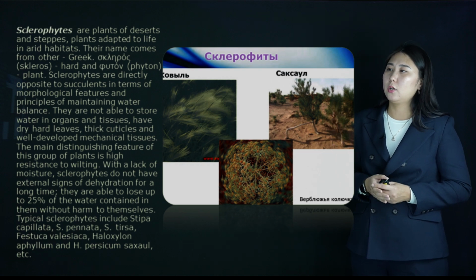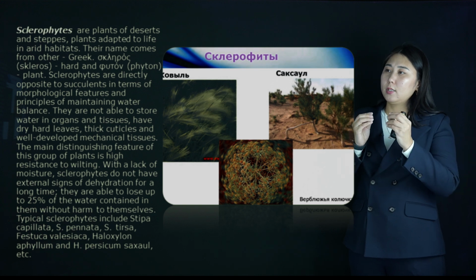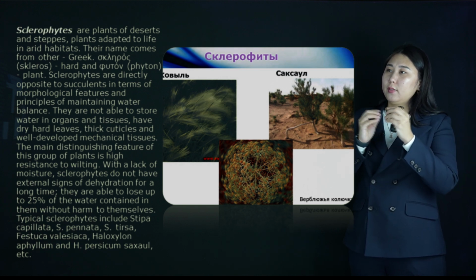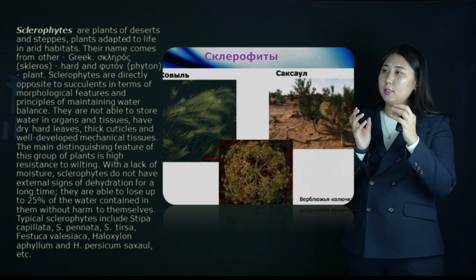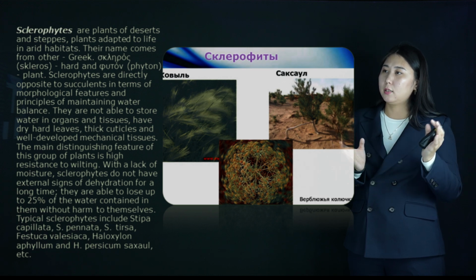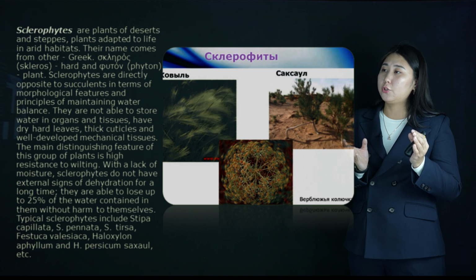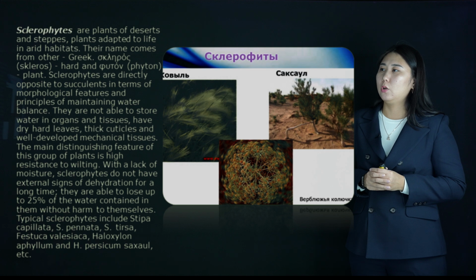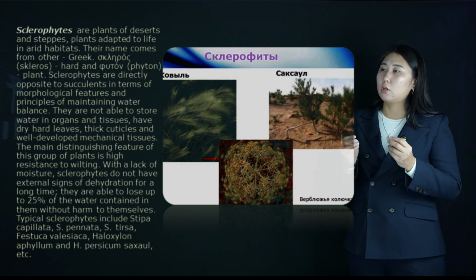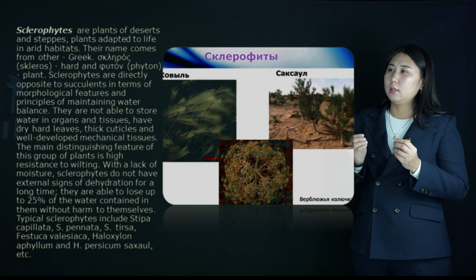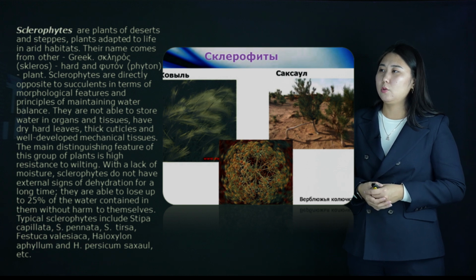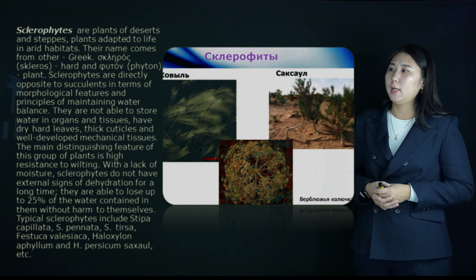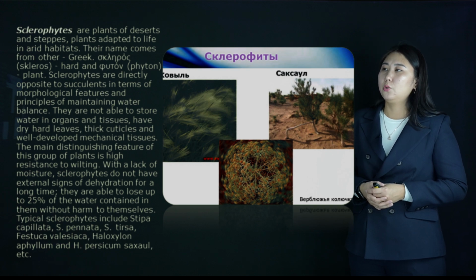You can see in this picture their leaves, they can become thick, or smaller in size than other ecological groups of plants. The color of their leaves is green, but not dark green. The main distinguishing feature of this group of plants is high resistance to wilting in the heat.